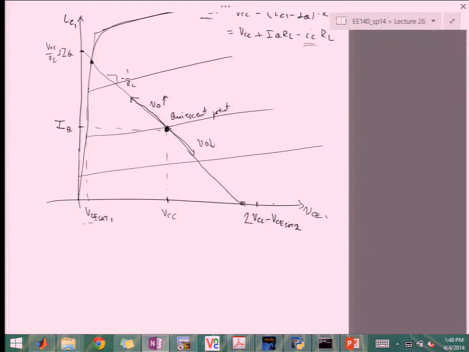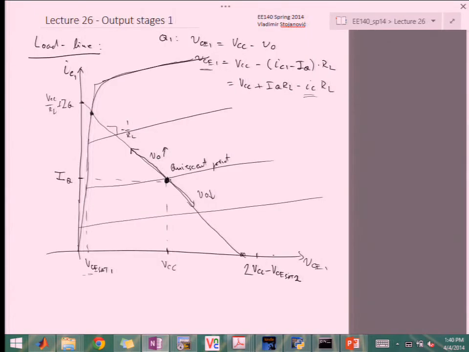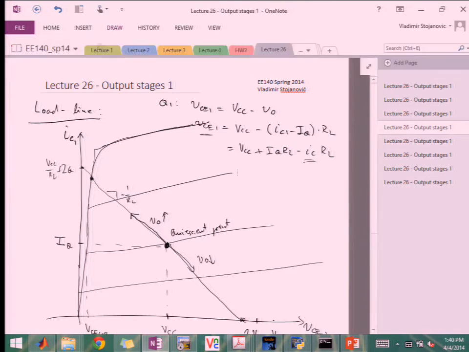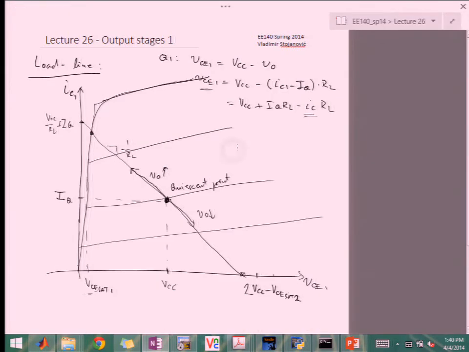Now, it's interesting to show some of the extremes of the RL. If you have a very small RL, you're going to have a curve. Let me draw it in a different color. Maybe we're going to have a curve that looks like this.